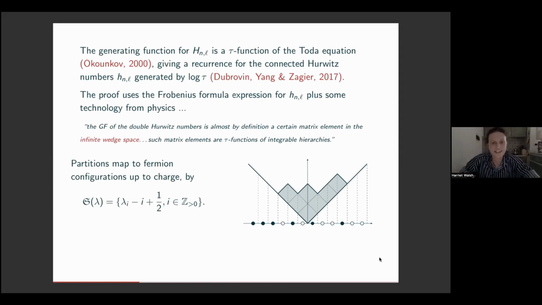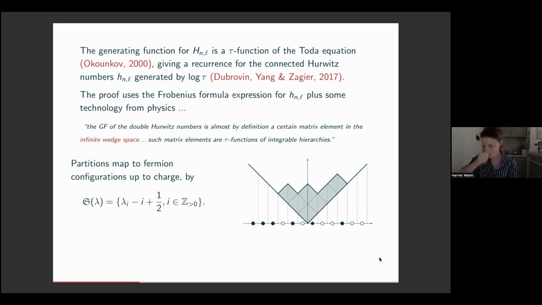So a comment at the start of Okounkov's paper is that the generating function of double Hurwitz numbers can be recognized as a matrix element in infinite wedge space, some natural anti-commuting space from mathematical physics. And you almost automatically have a connection to integrable hierarchies as soon as you have such an expression.